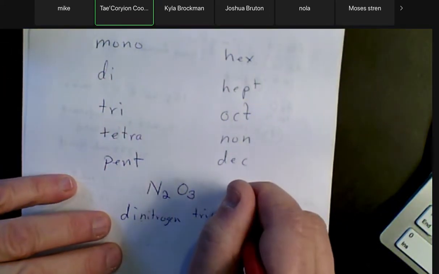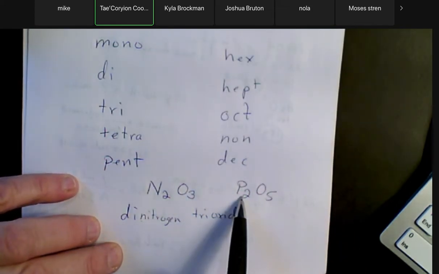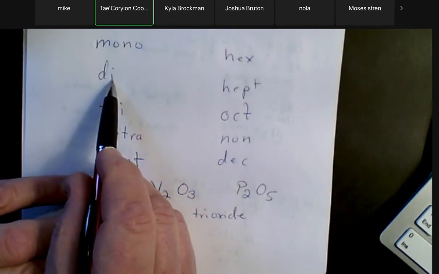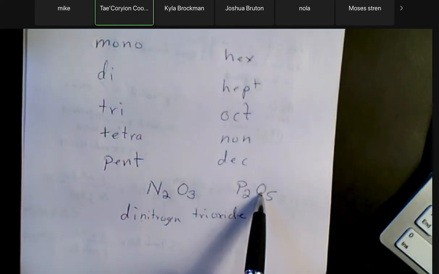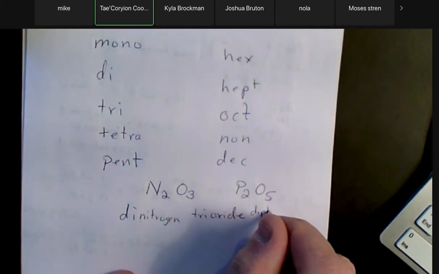You just go with the prefixes. All right, if I did this one, how many phosphorus are there? 2. So it'll be diphosphorus and pentoxide. Yes, very good. So diphosphorus pentoxide. All right, makes sense to everybody?